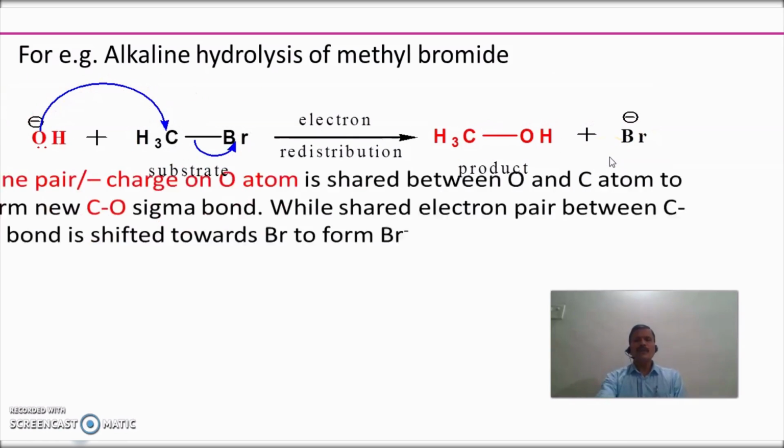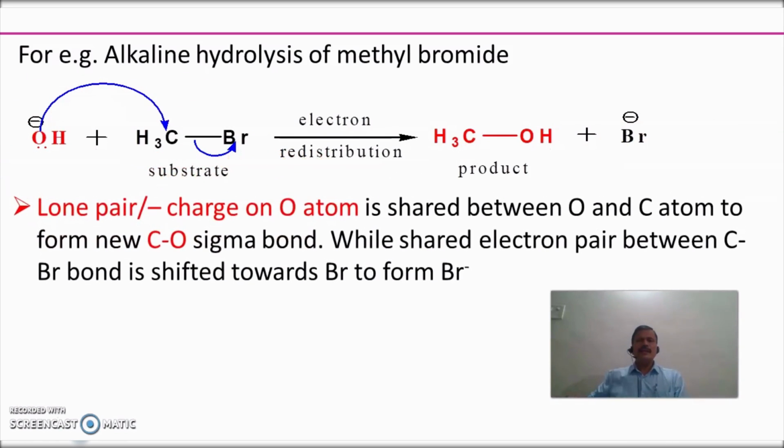So this is the clear-cut formation of the C-O bond, formed just by shifting the electron density of the negatively charged oxygen to carbon. The movement is shown by this double-headed arrow, representing the negative charge or lone pair.